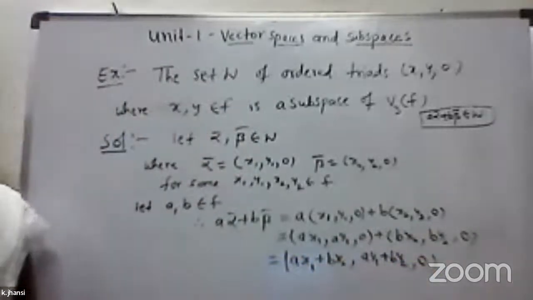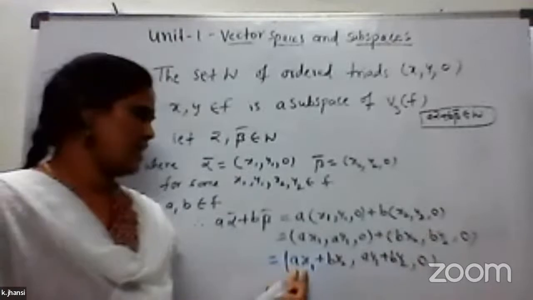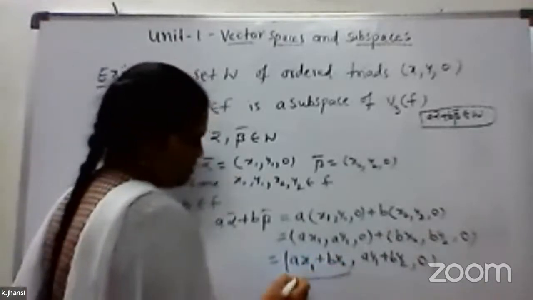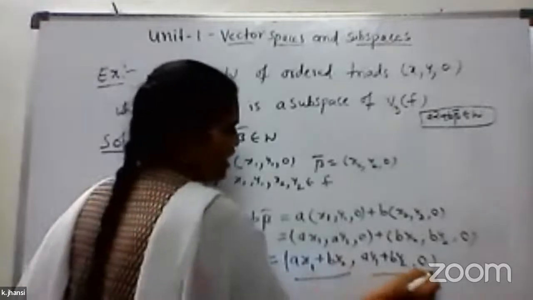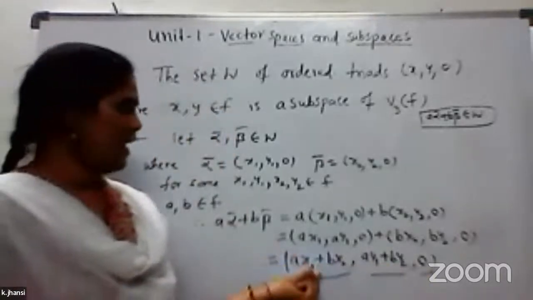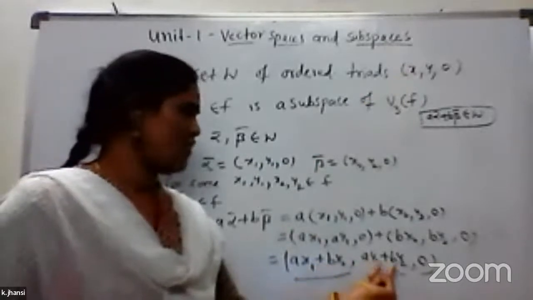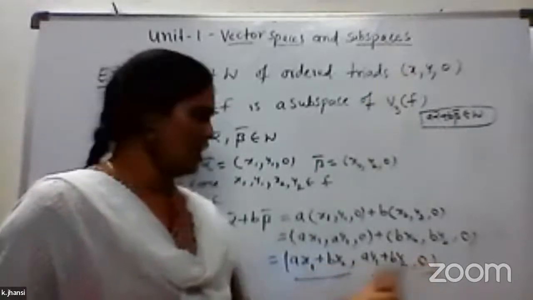Whatever resultant we got, a x1 plus b x2 is one whole thing, a y1 plus b y2 is another whole thing, and the last is 0. So it is again in the form of x, y, 0.